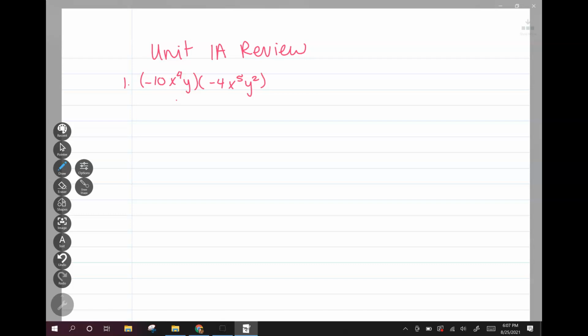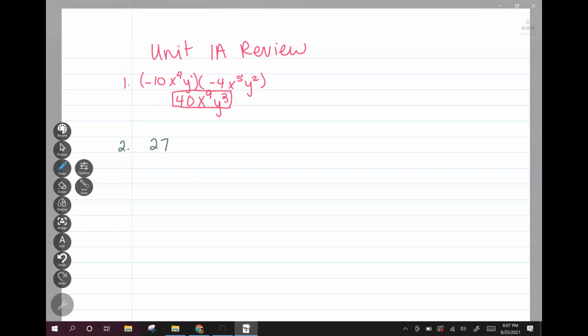That gives me positive 40, and add the exponents. So we're going to have x to the 4 plus 5, which is 9, and y to the 1 plus 2, which is y cubed. And that's your answer.